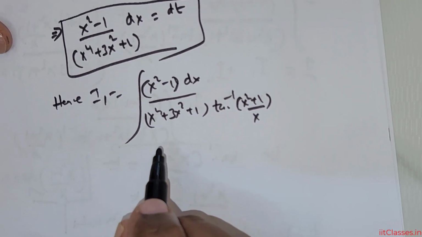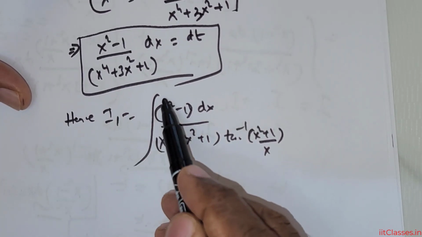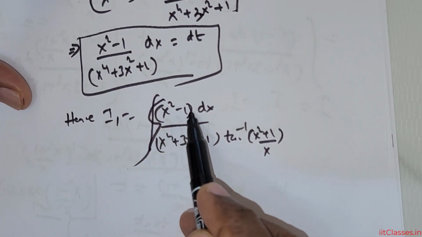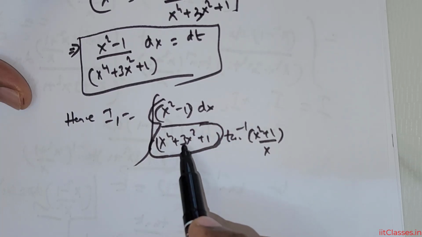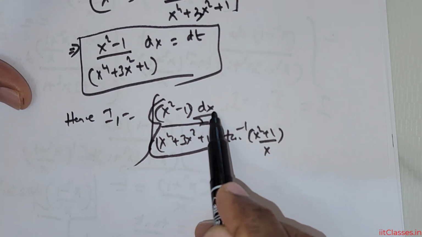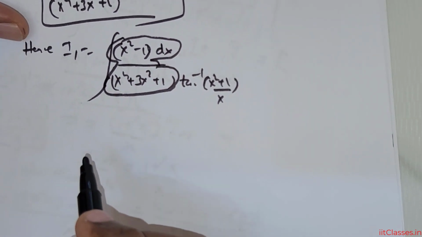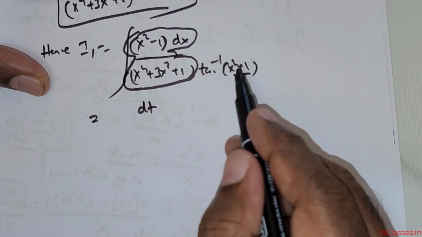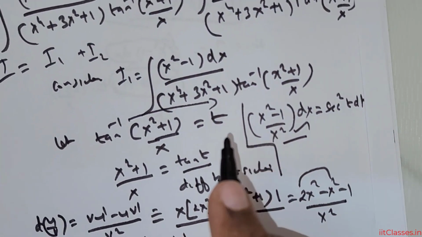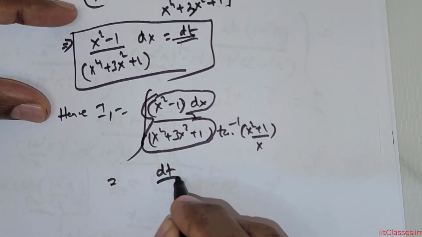So this was the I1 that we have taken. Now clearly, (x² − 1) times dx divided by (x⁴ + 3x² + 1) is nothing but my dt. Right, so you substitute that. Now this tan inverse of (x² + 1)/x is nothing but my t. So substitute that.